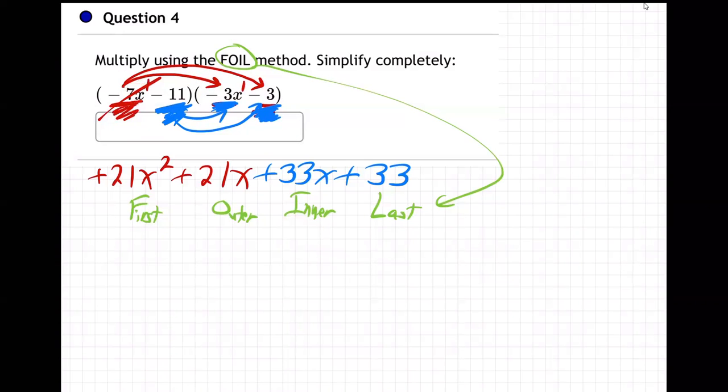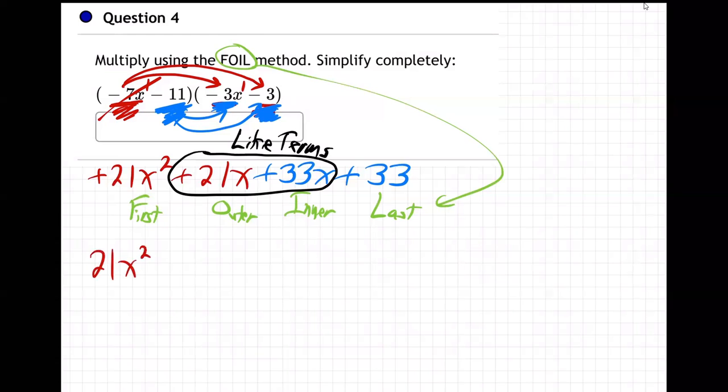We're not done. Why aren't we done? Well, because these two are like terms. So now we're switching gears. The multiplying is over. We're done multiplying. Now we're into adding, subtracting mode. And so we can combine the two middle terms here. 21x plus 33x.